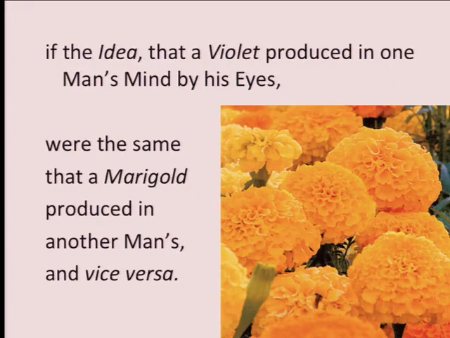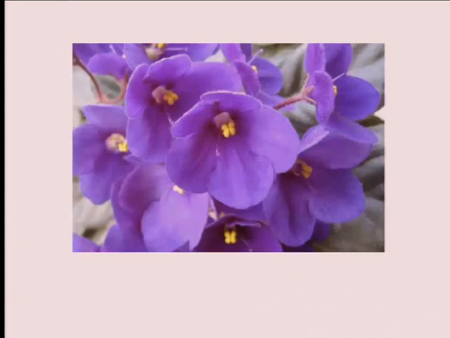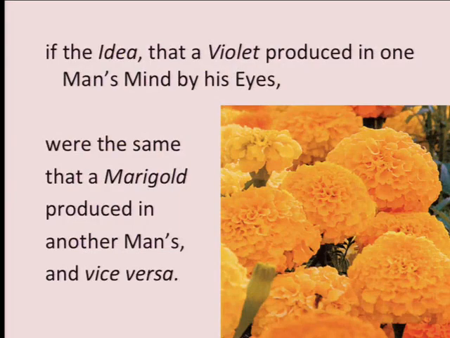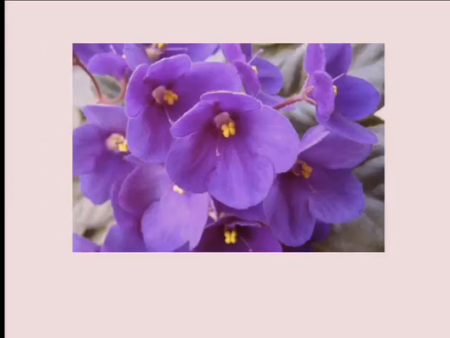And Locke said, if the idea that a violet produced in one man's mind by his eyes were the same that a marigold produced in another man's, and vice versa. So you see what he's saying? Let me take this from the top.